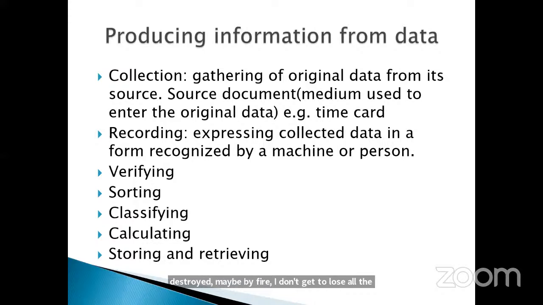So it's good to also store your documents in the cloud. That applies even to the contacts we have in our mobile phones. You can link your contacts in your phone to your Gmail account, such that if your phone gets lost or stolen, you don't get to lose all the contacts and start from scratch. So that's a way of storing.